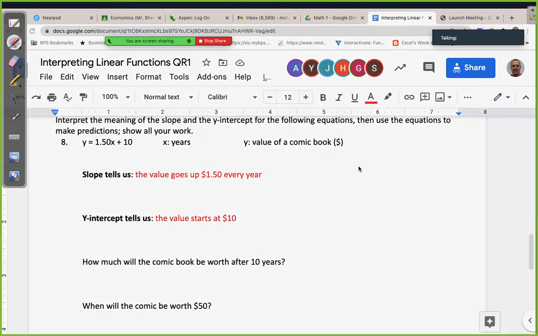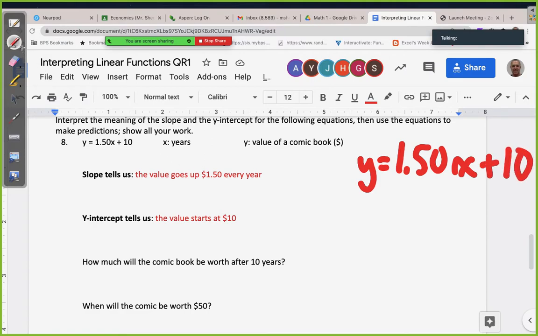All right, I've got an equation, and now I have a number that I want to plug in. I want to plug in the number 10. Well, X is years. It's 10 years, so the 10 goes right here. So I want to say Y equals 1.50 times 10 plus 10.